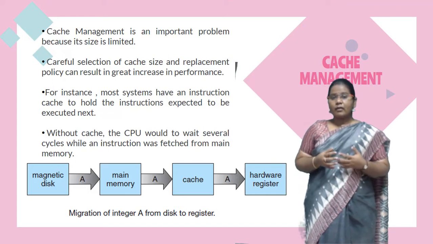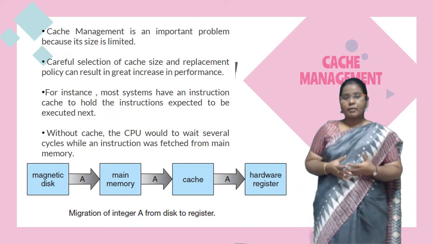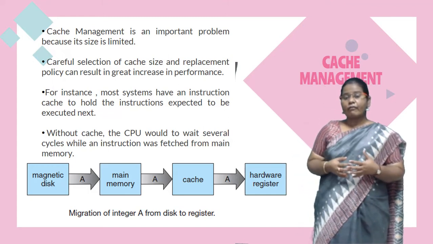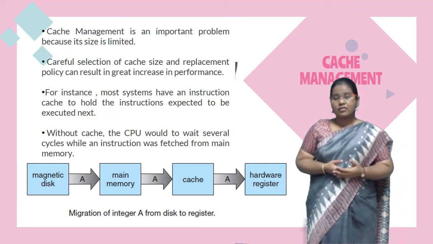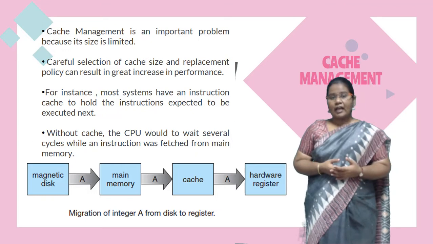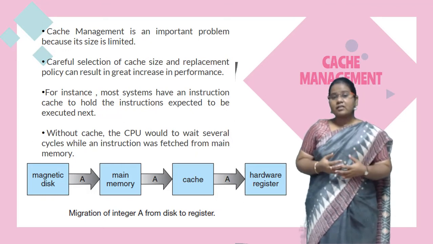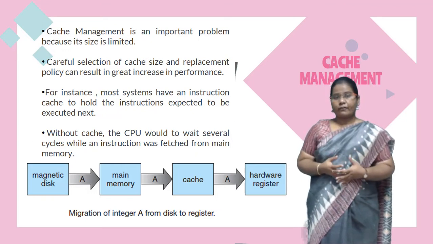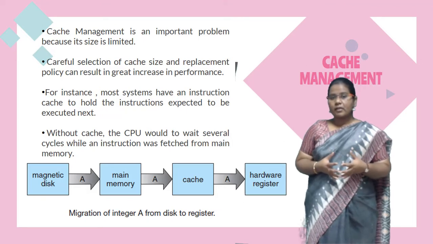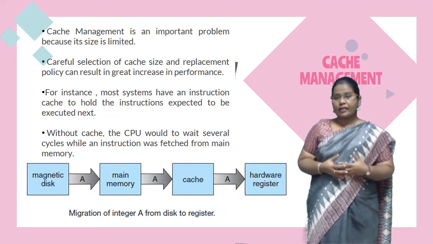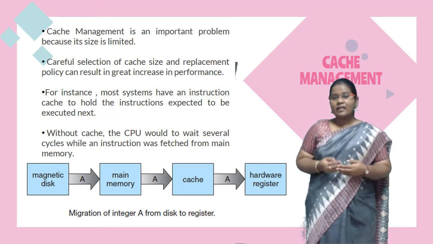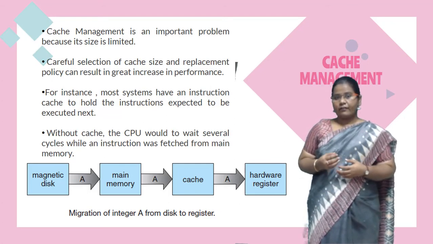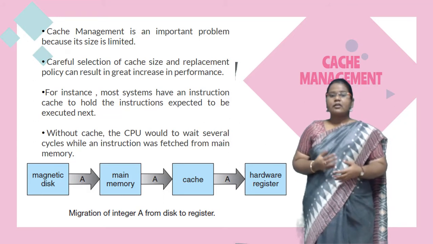So by keeping track of what instructions are to be placed in cache memory and what instructions are to be taken out from the cache memory, your operating system will improve the performance of your computer. Performance here means that as soon as you try to open or execute an application, the system will make that task faster to access.